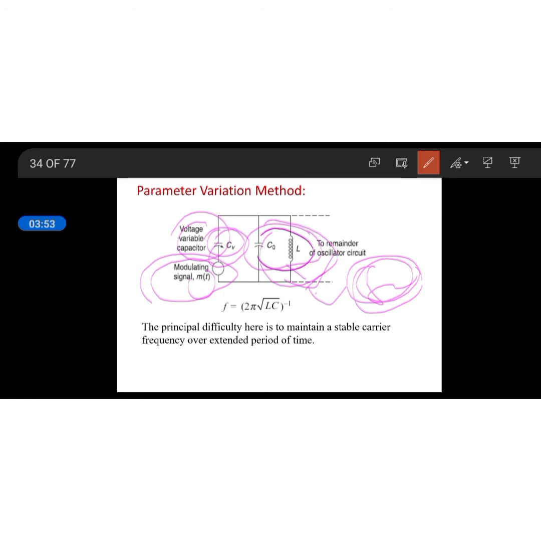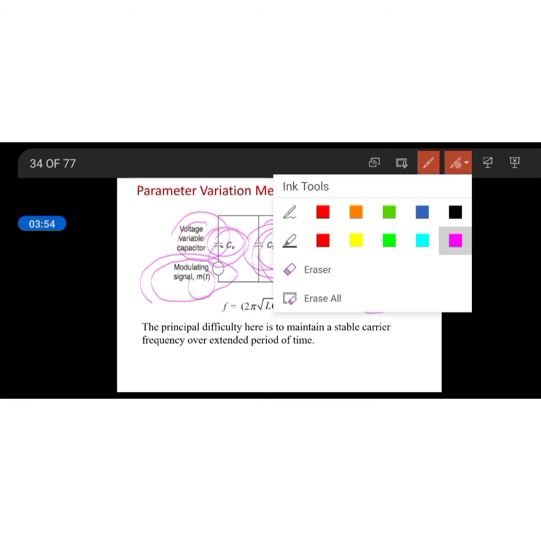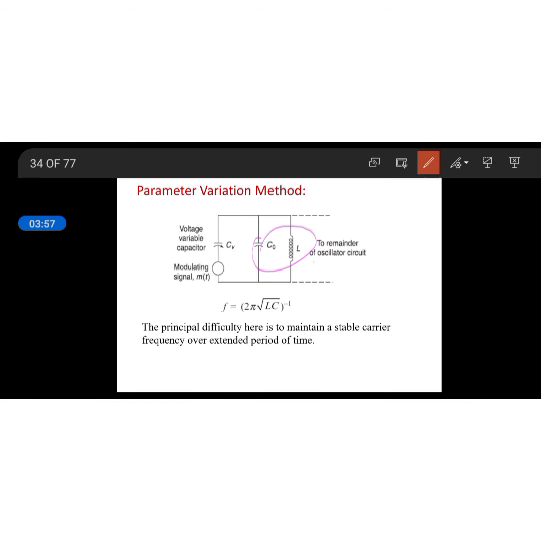The output of this tuned circuit is the carrier frequency. That instantaneous carrier frequency is controlled by means of an external voltage on the capacitor. This is called a voltage controlled oscillator. The capacitor voltage is set by the message signal, so we apply the message signal and from it the capacitor stores the voltage.